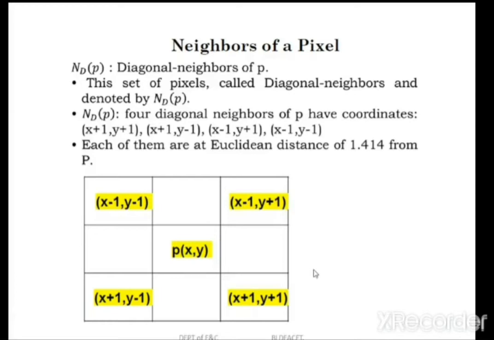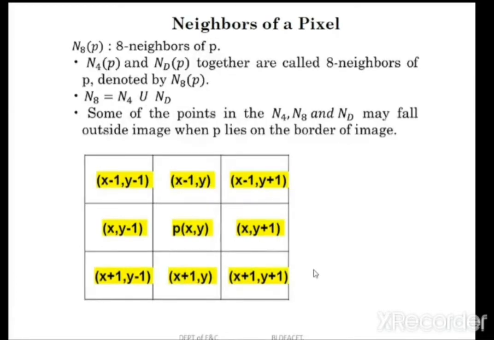Then we have the last type of neighbor, which is called as 8 neighbors of the pixel P. So that 8 neighbors of the pixel, it is very simple. It is simply the combination of N4 of P and ND of P. That is the combination of 4 neighbors of the pixel P and diagonal neighbors of the pixel P is referred to as 8 neighbors of the pixel P. Okay, so that's why it can be denoted as N8 is nothing but the union of N4 and ND.